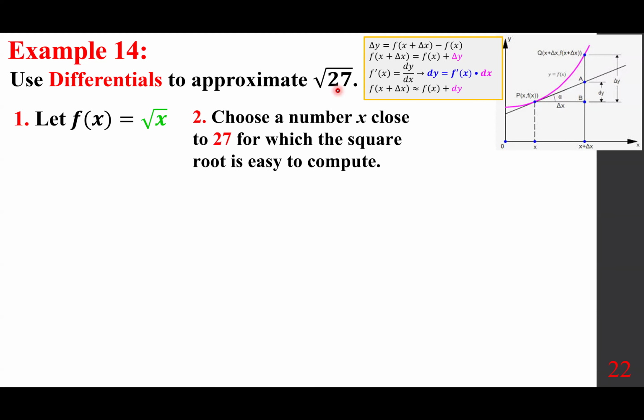The second step is to choose a number x close to 27 for which the square root is easy to compute. The closest number to 27, where we can take the root easily, is number 25 because square root of 25 is 5. So that would be the best choice, closest number.